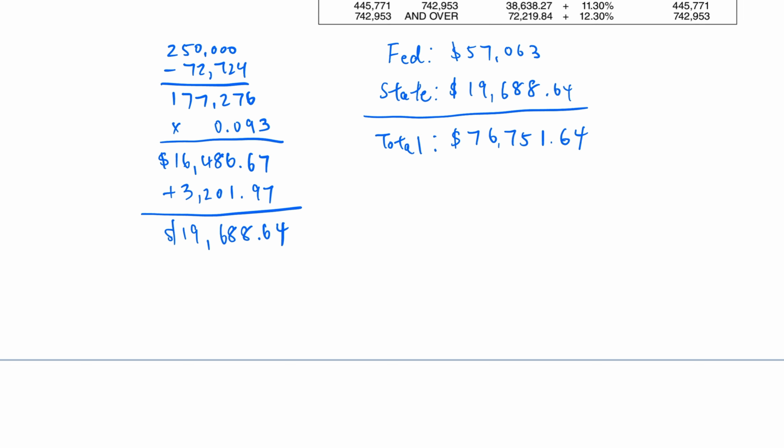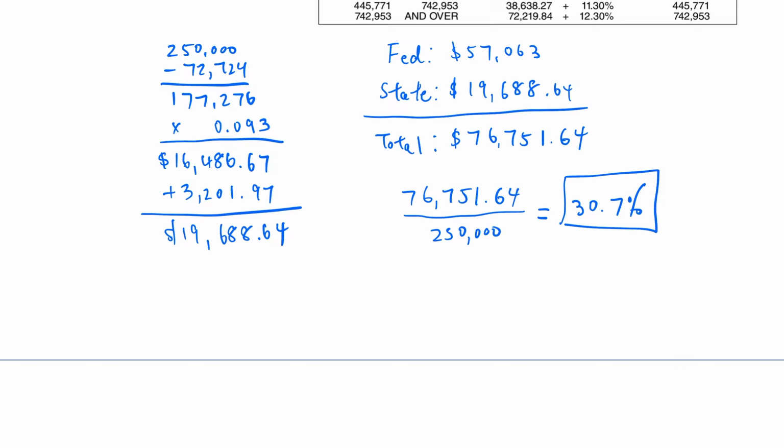Now, to determine the effective tax rate, we're going to take the $76,751.64 and divide that by 250,000. And that works out to 30.7%. So that ends up becoming our effective tax rate.